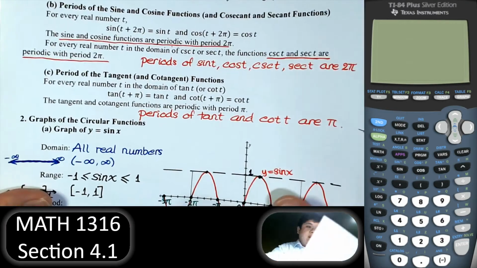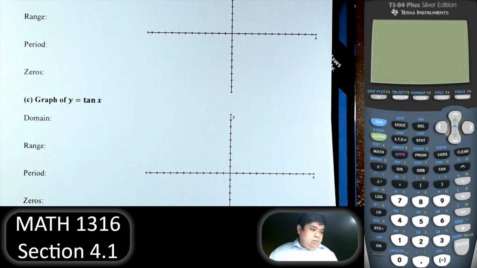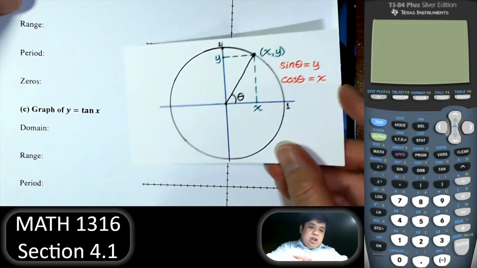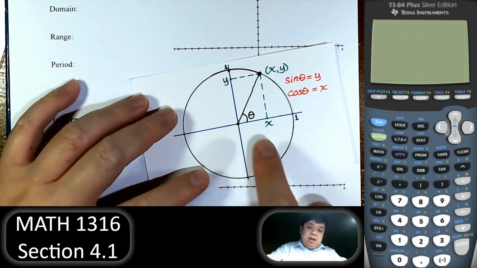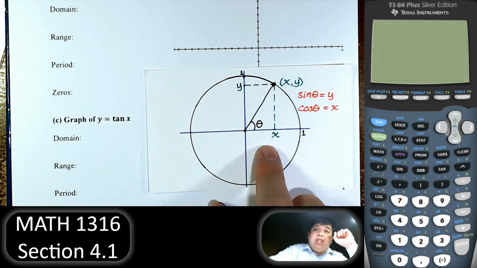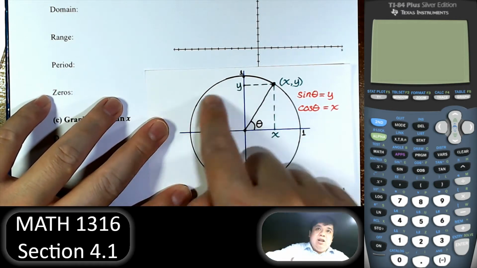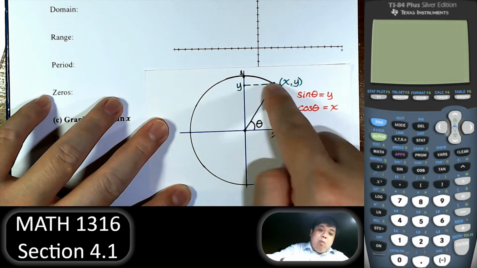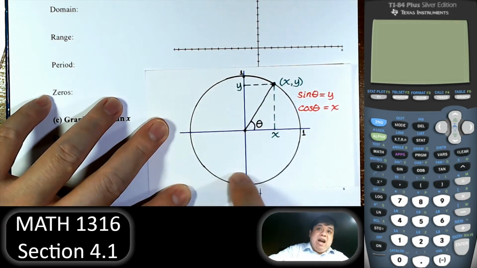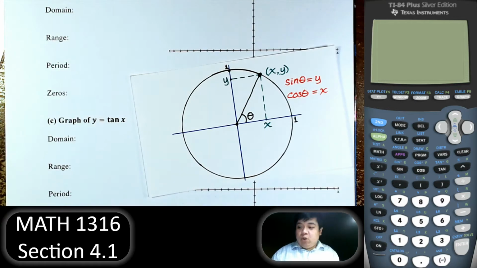Right. Now let's go to cosine of x. Cosine of x in the unit circle, that is the x values. Now one thing similar to the sine function, it doesn't matter what the angle is. A point on the unit circle will have x values, and those are the cosine values.